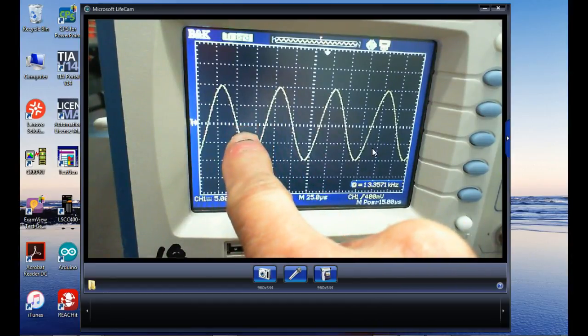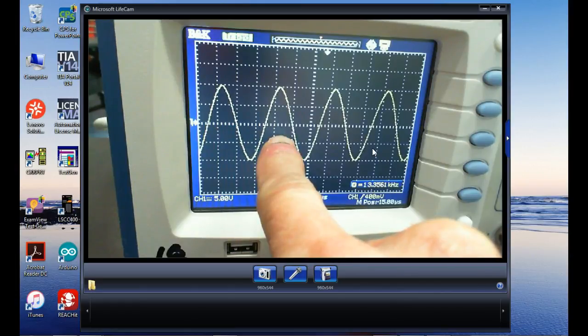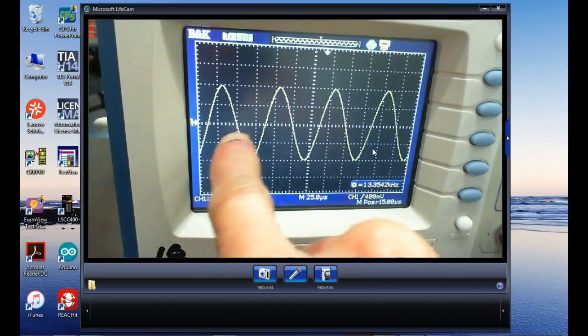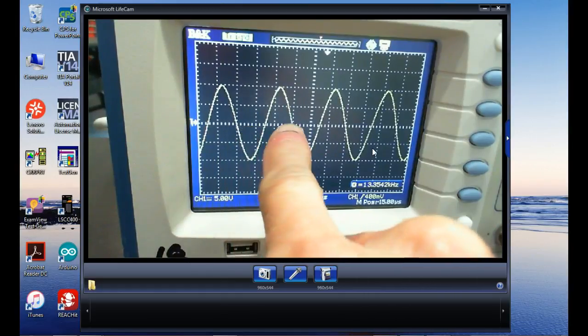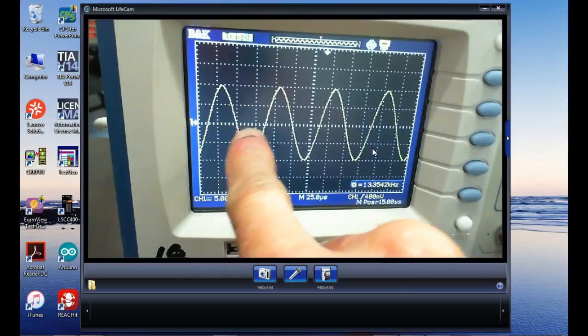So that'd be 25 microseconds. This would be 50 microseconds. Right? Understand? This would be 75 microseconds. And that would be the time for one cycle, 75 microseconds. And we call that the period. So the time for a cycle is called the period.